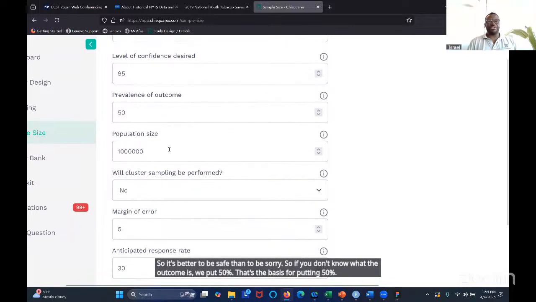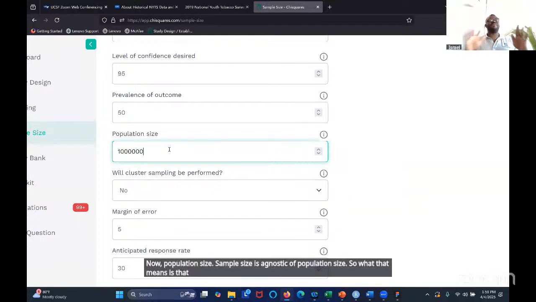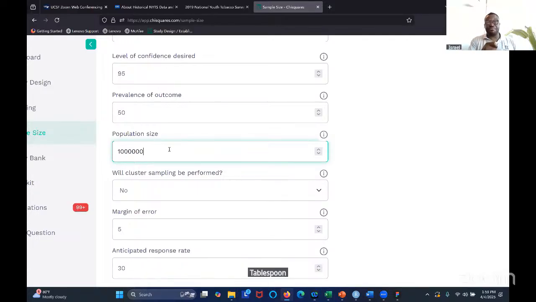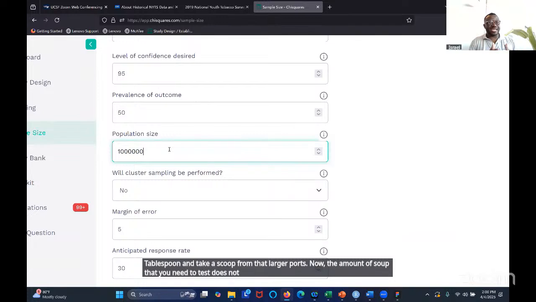Now, population size. Sample size is agnostic of population size. So what that means is that, remember we said sample size calculation is like tasting soup that you're cooking, right? If you're cooking a big pot of soup, you might take a very small tablespoon and take a scoop from that larger pot. Now, the amount of soup that you need to taste does not necessarily depend on the size of the pot, right?